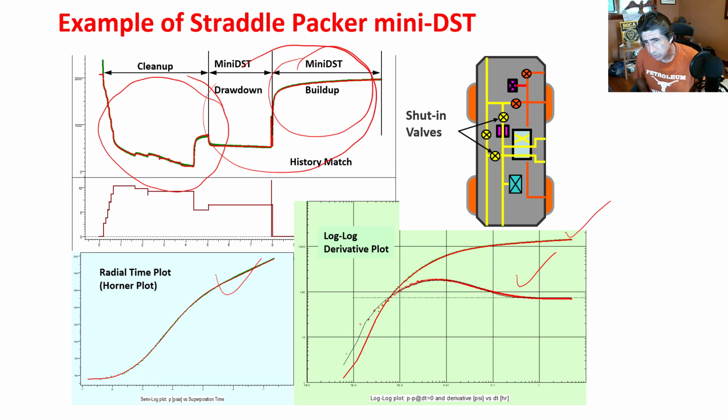You can have, for instance, a rock that is anisotropic and you have one type of flow regime, or you can have a rock that has a pressure shield or an impermeable barrier. You will see a different thing, or a rock that has extremely large variability in properties as a function of radial distance away from the borehole wall. You can also examine those from the log-log derivative plots.